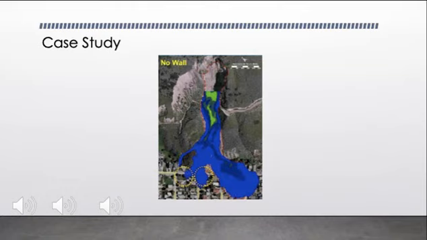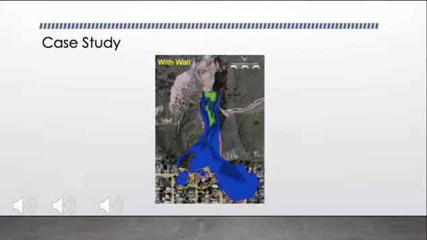As can be seen, there was the simulation run with no wall at first. As can be seen in the bottom portion of the picture, the two circles show just where the debris flow was occurring. Next, the simulation with a wall was then run.